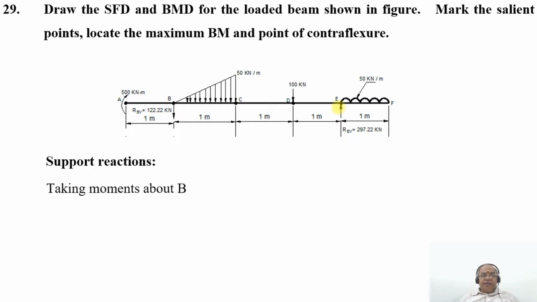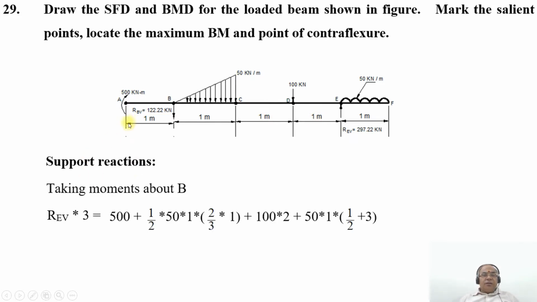Taking the moments about the point B, REV into 3 meters will be equal to the counterclockwise 500 kilonewton meter, then half into 50 into 1 into the distance of the center of gravity from the smaller end, 2 by 3 into 1, plus 100 into 2, plus 50 into 1 into 1 by 2 plus 3.